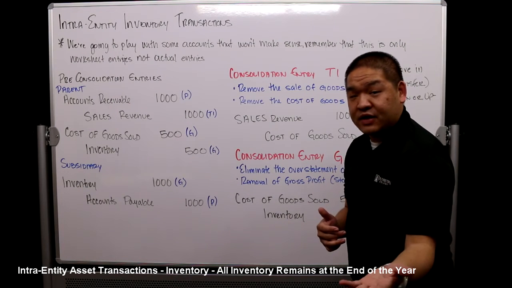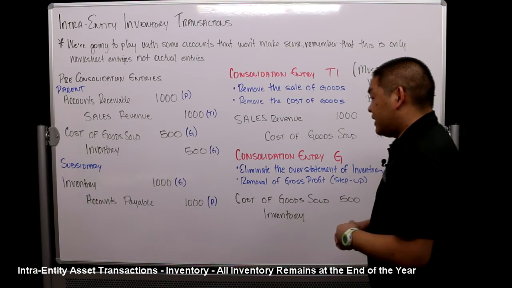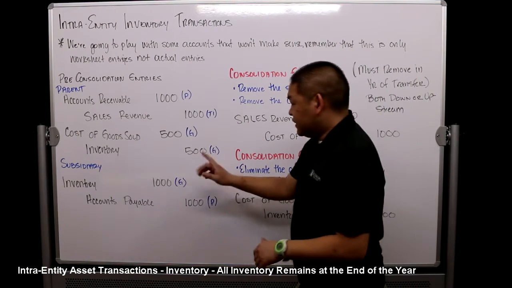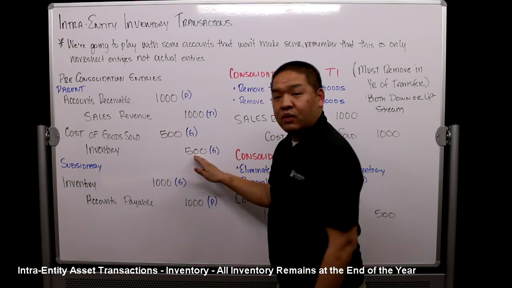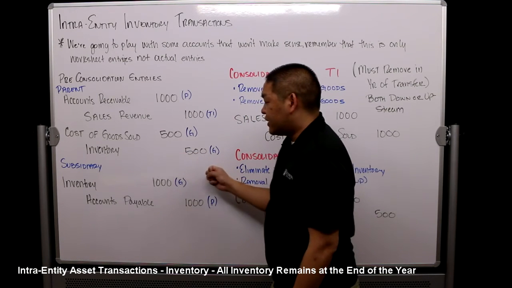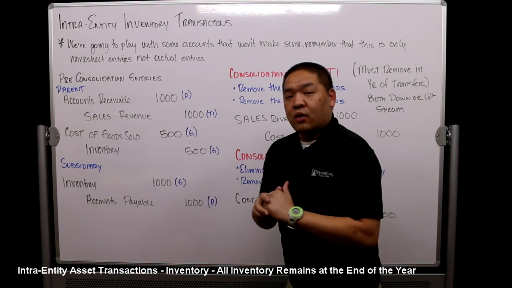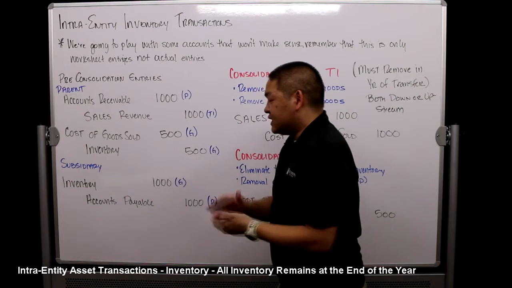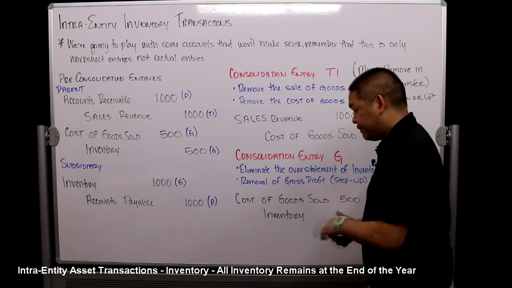We're also going to back out the overstatement of inventory. Remember, inventory combined should be $500, but what happened here? We took out $500 and we made it $1,000, okay? So we're going to eliminate the step up basis of our inventory and we're going to take out the gain.